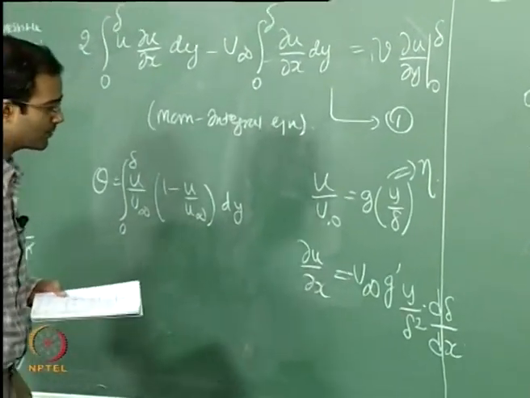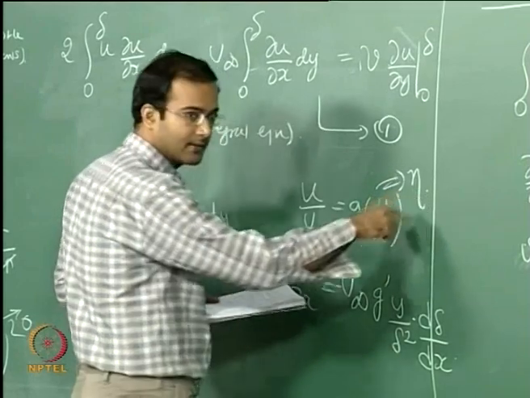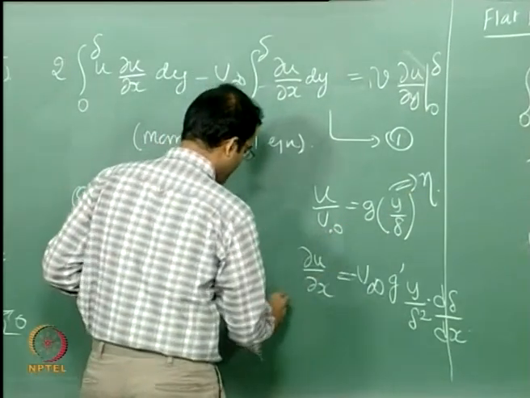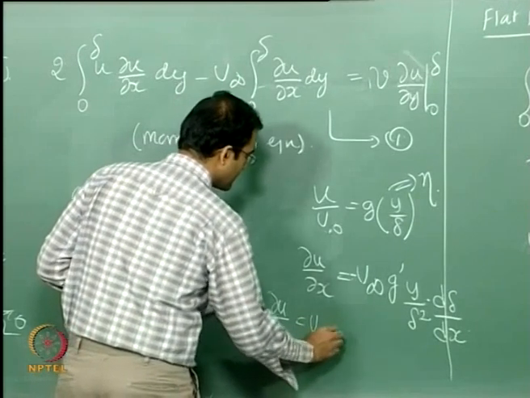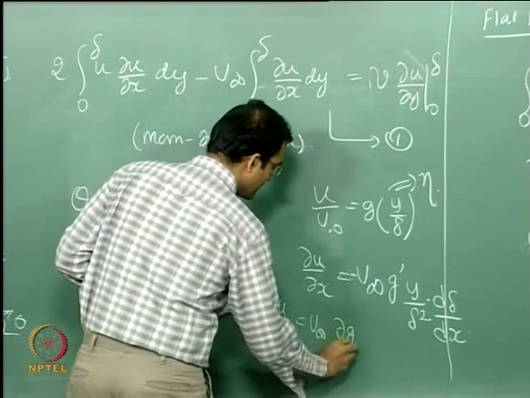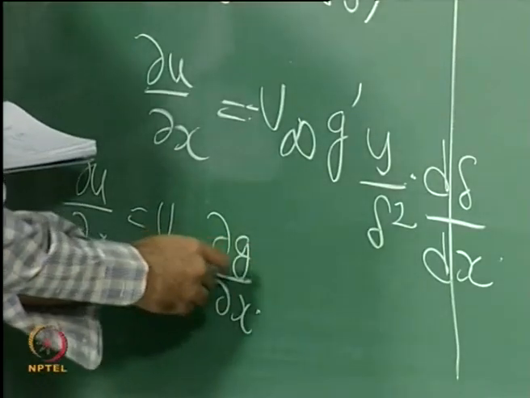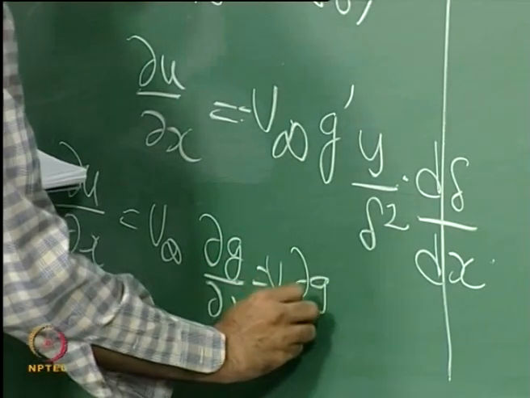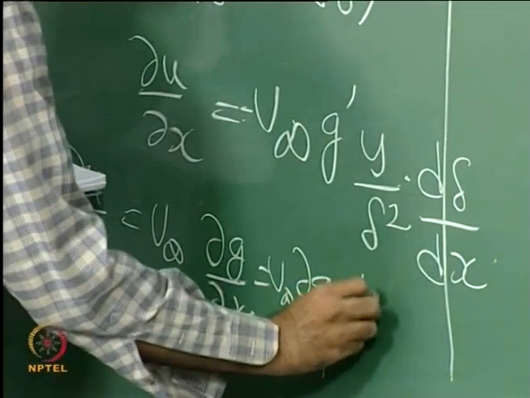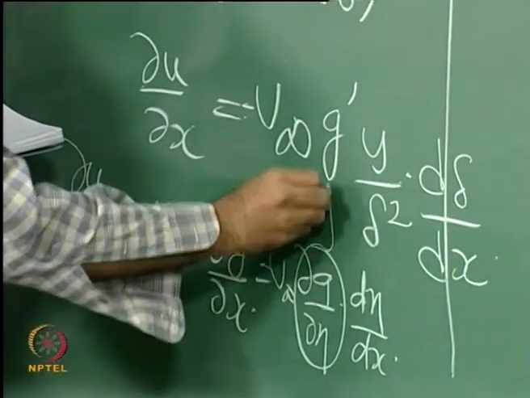So how did you get it? You can say that this is some function of eta, right? And so your du/dx is nothing but u infinity times dg/dx. So this is u infinity times dg/d eta into d eta/dx, and now dg/d eta is nothing but your g prime.